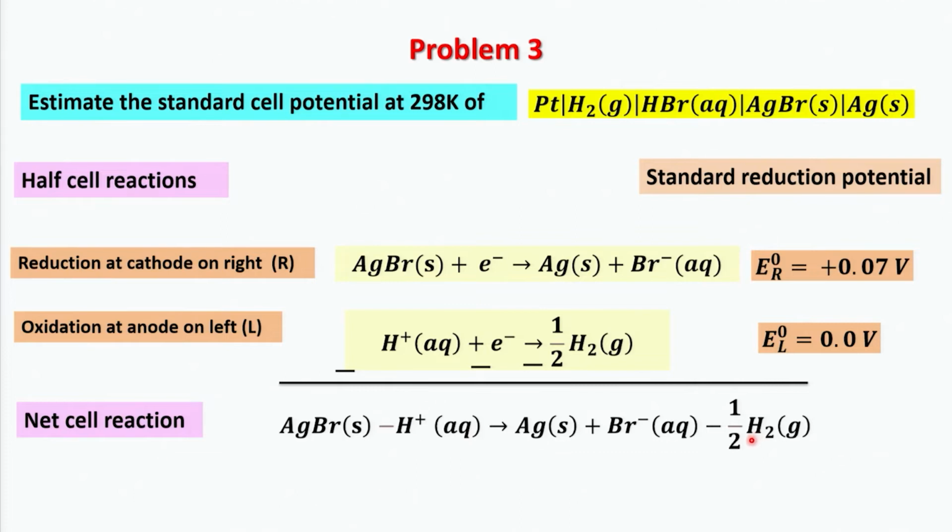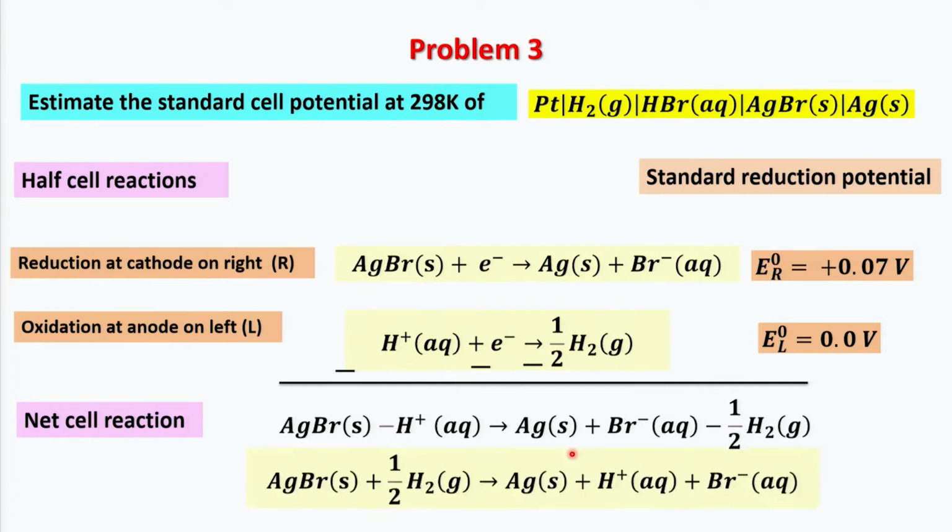Now, this is not how we write down chemical reactions, so I will rearrange this algebraic equation to get the net cell reaction, which is silver bromide solid reacting with hydrogen gas to give silver solid, H plus in aqueous medium and Br minus in aqueous medium. This is the net cell reaction for this particular cell.